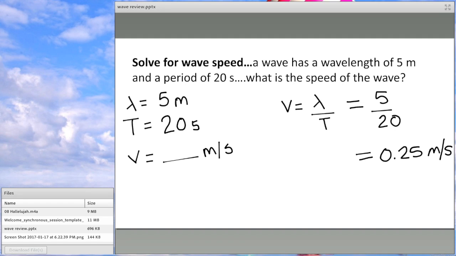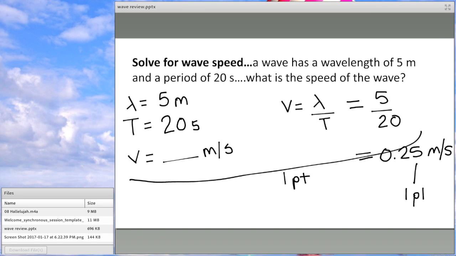Again, if this was short answer, all of this stuff would be worth 1 point, and this would be worth 1 point. And that's your answer with your unit. If you lost units, you'd lose half a point, because it's important that you know the units.